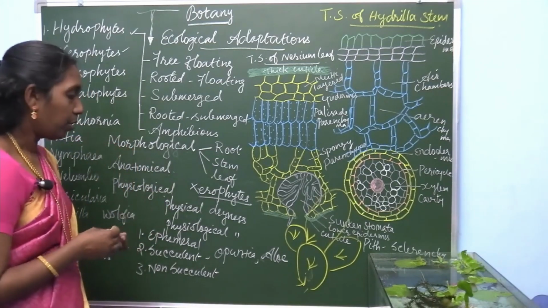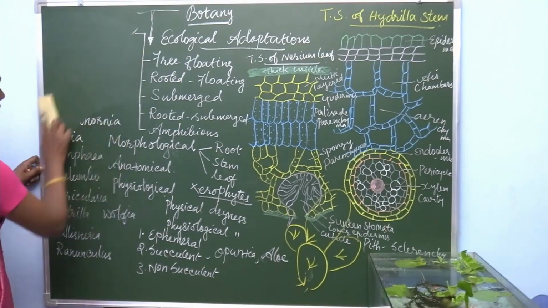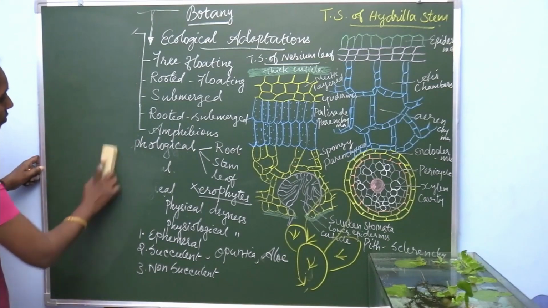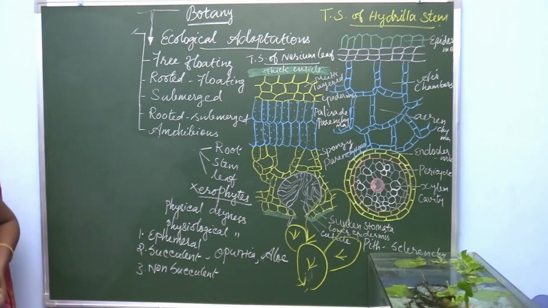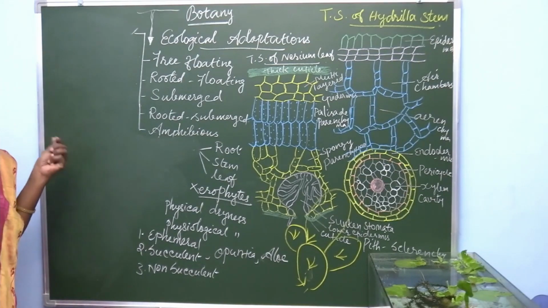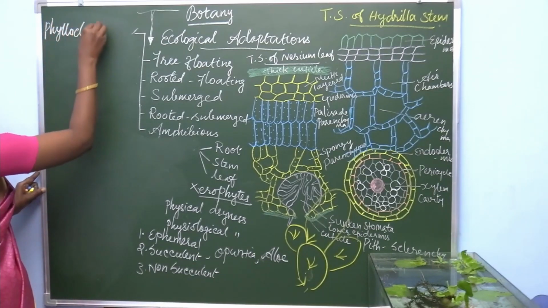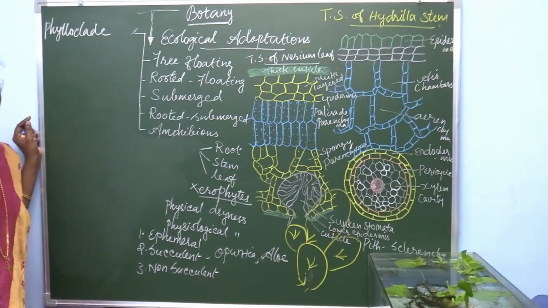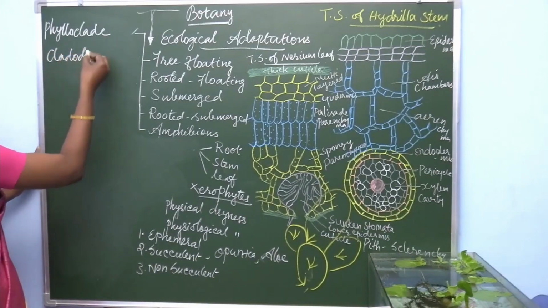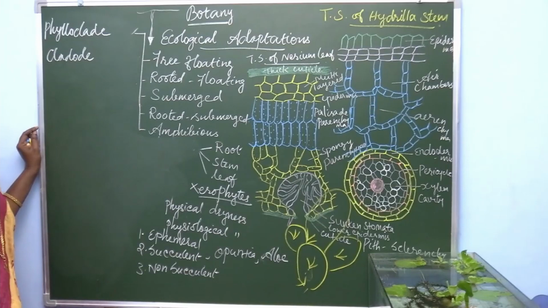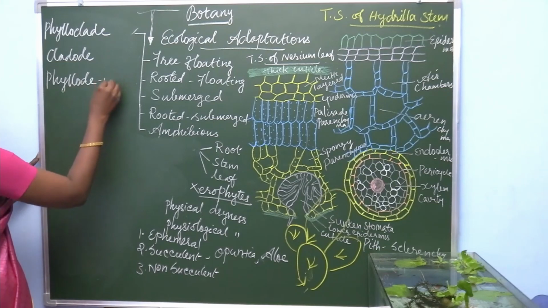There are different modifications of xerophytes: phylloclade, observed in Opuntia, cladode, and phyllodes in Acacia.